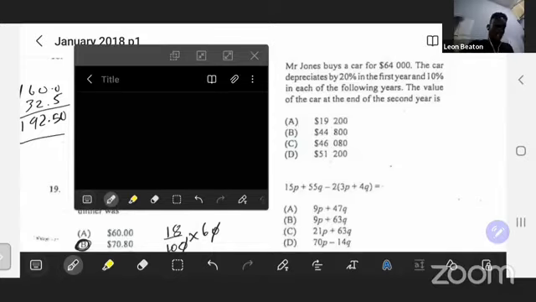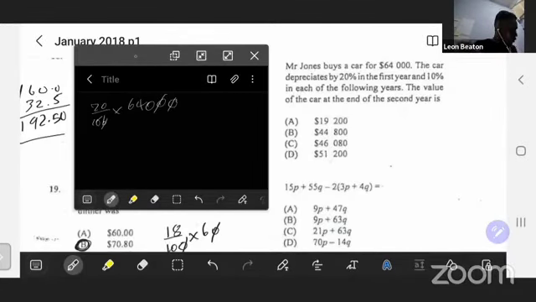So it says it loses 20% of its value after the first year. So we find 20% of 64,000. So that'll be 20 over 100 times 64,000. So this 0 cancels that 0, this 0, that 0. We got 20 times 640.